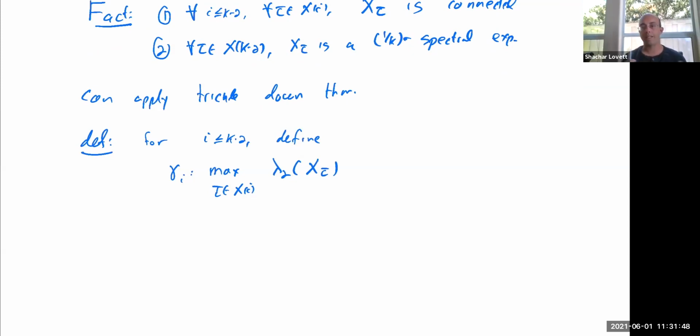And if they all were great expanders, we were happy. We called this a local spectral expander. But now we're taking a more refined look. I'm saying, let's look at each level individually and see how good of an expander it is on this specific level. And we'll see why this is useful in a second. Okay, but for now, let's take my word on it that that's going to be useful for us. And let's see what we get.